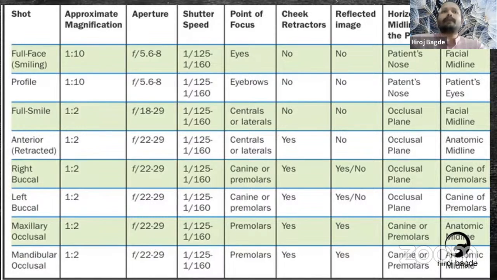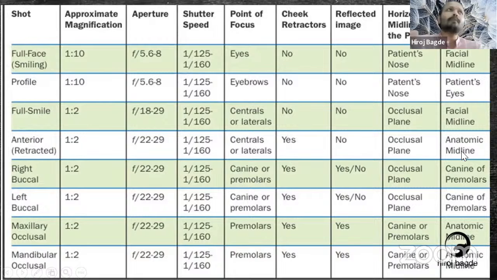So whether it be pre-operative or post-operative, we are going to have magnification, aperture, shutter speed, point of focus, cheek retractors to be used or not, reflected image by use of mirrors or not, and where the horizontal midline of the photo is and where the vertical midline of the photo is.